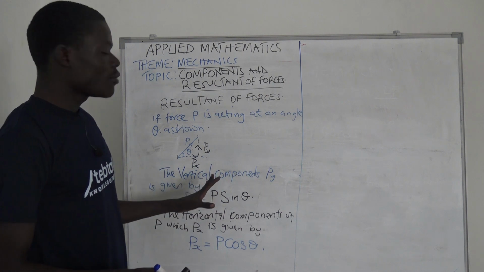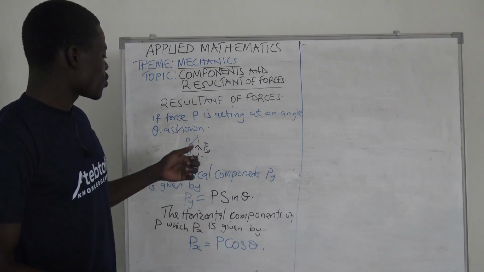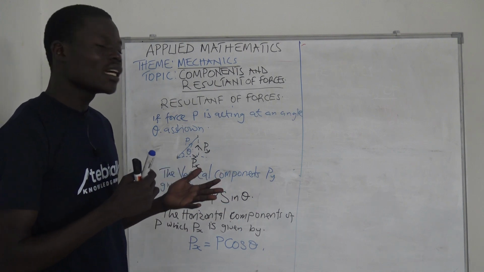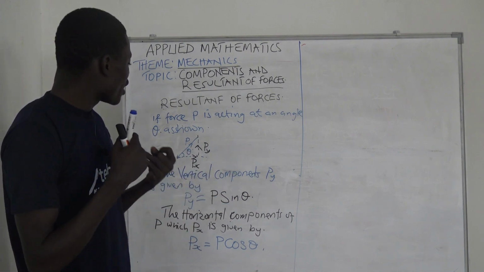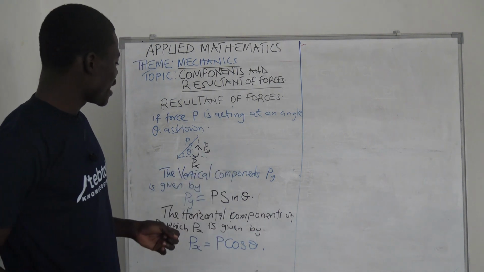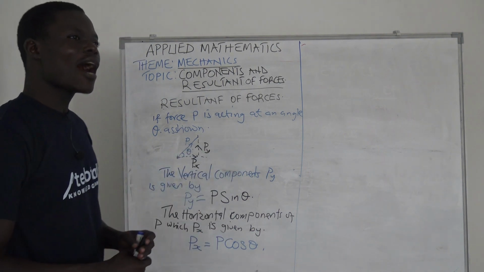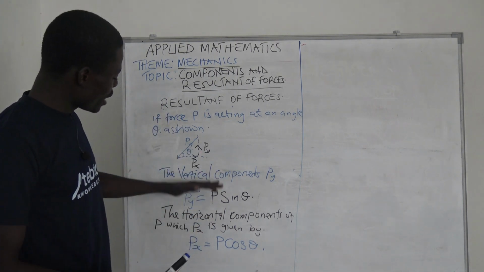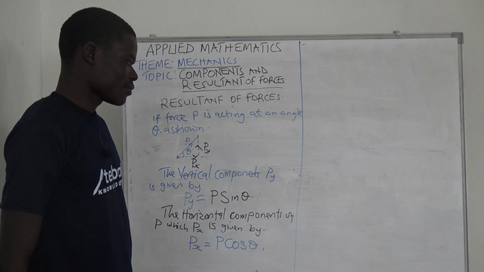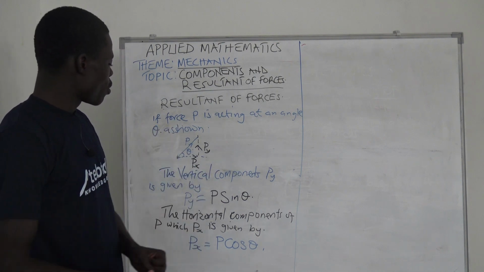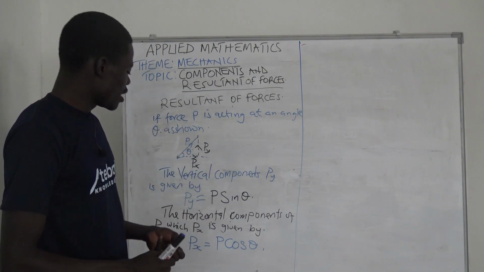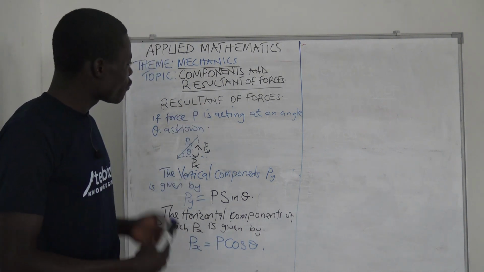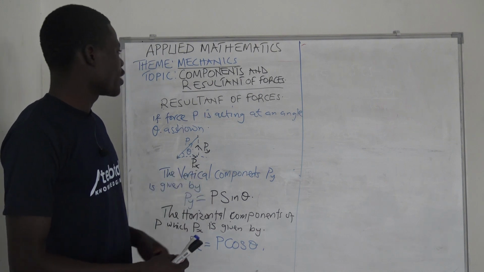And then what we are going to do, in case, here we have been looking at one force, but in case you are having more than one force acting in different directions, but not horizontal, how do you resolve those forces? Since we know how to get the components, which is the horizontal component and the vertical component, how do we even get the resultant force out of these components?